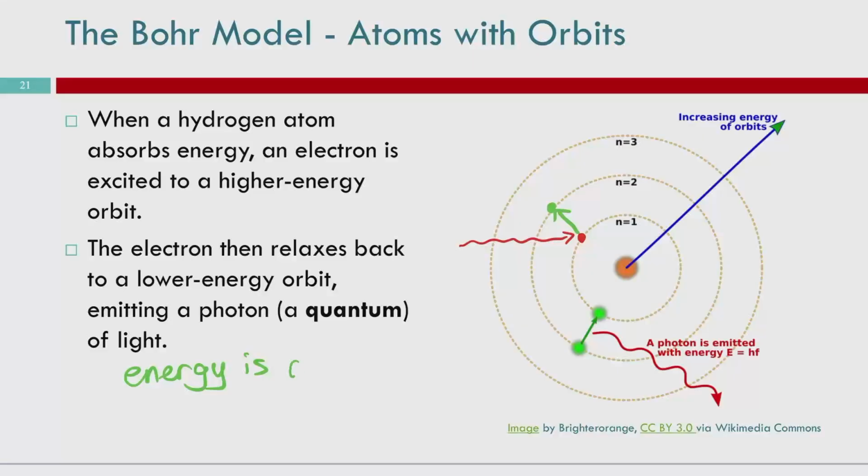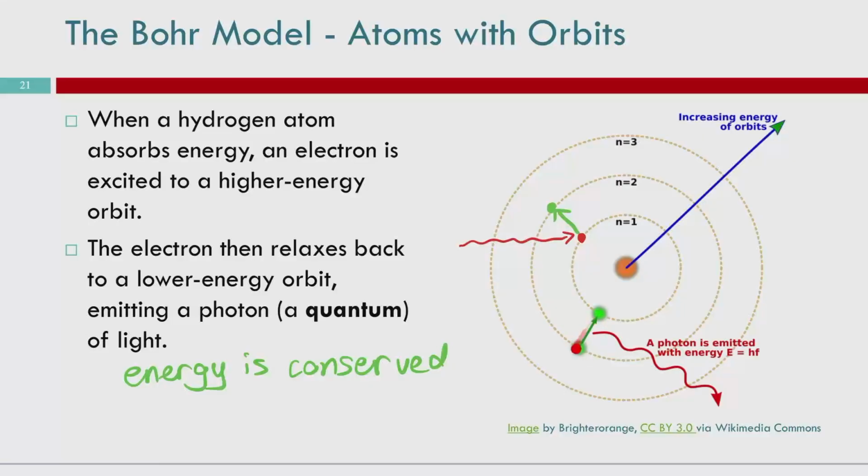Energy, like mass, is conserved. You can't just poof, get rid of it, or poof, make it. And so when it relaxes, it emits a photon, and that photon, or quantum, has a certain amount of energy associated with it. And we saw earlier, energy is related to the color of visible light.